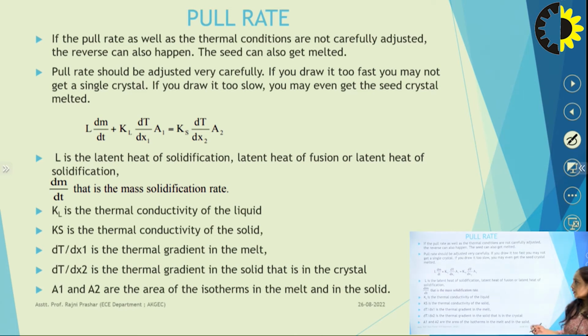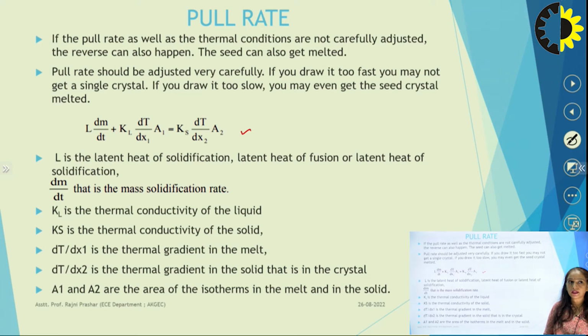So this equation is used to decide what would be the pull up rate. In this equation, we have L dm/dt plus KL dT/dx1 A1 is equal to Ks dT/dx2 A2.